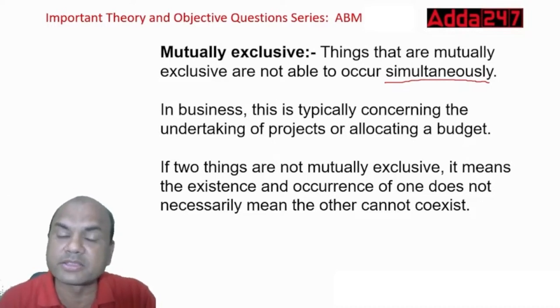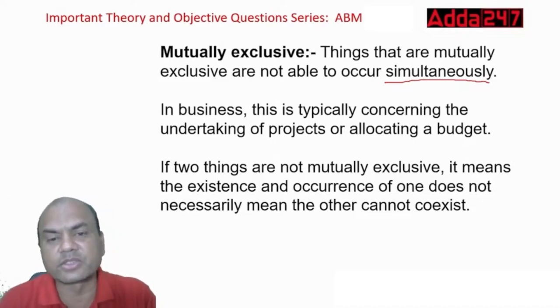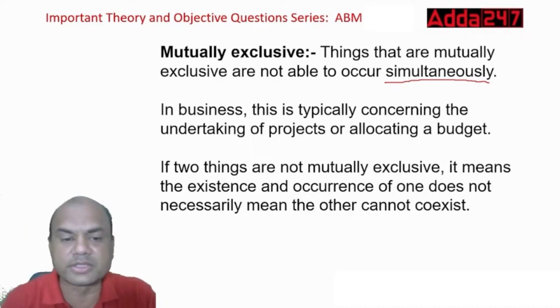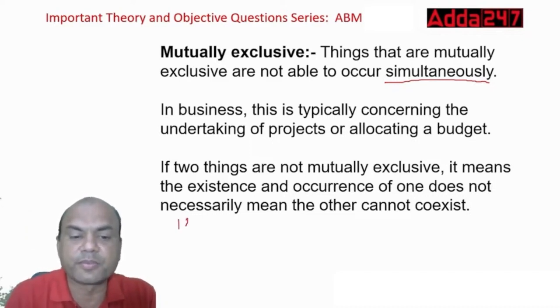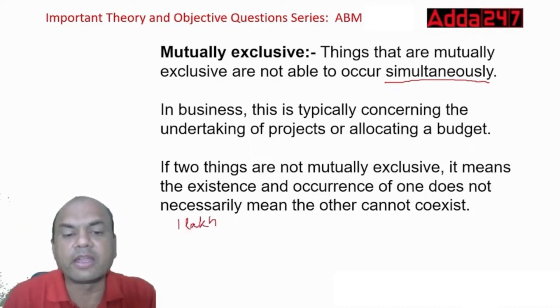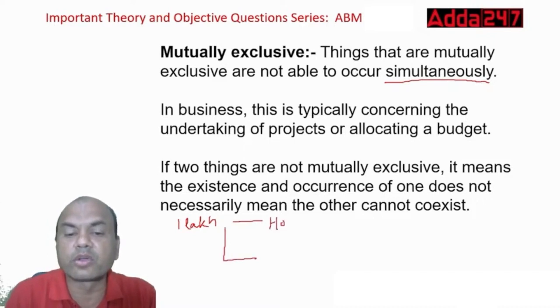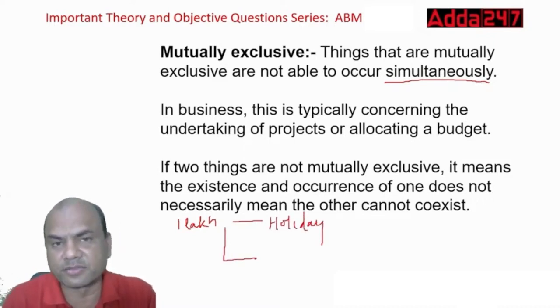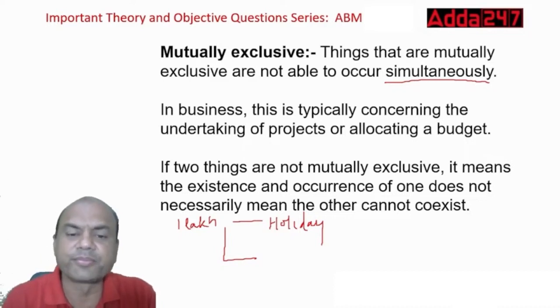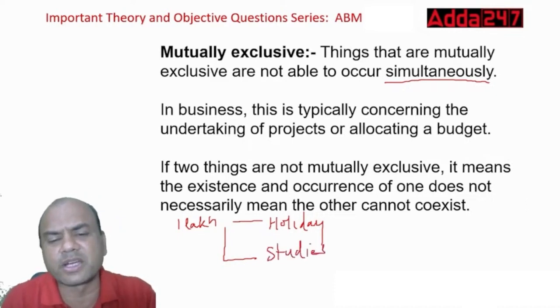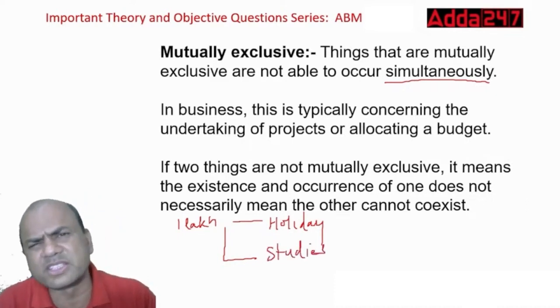Now, what do you mean by this? Suppose I ask you one question. If you are having 1 lakh rupees, and these 1 lakh rupees you can give for either of two projects. One is a holiday, you want to go on a holiday, or second is your studies. Somewhere you might have to go for studies and you require that 1 lakh rupees as fees.